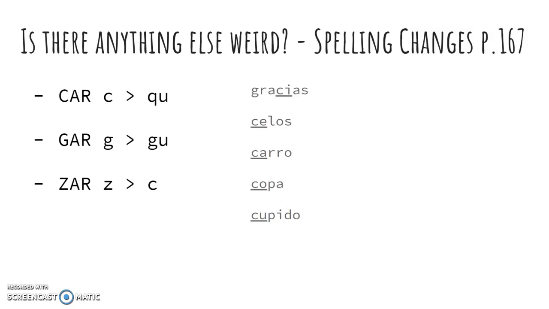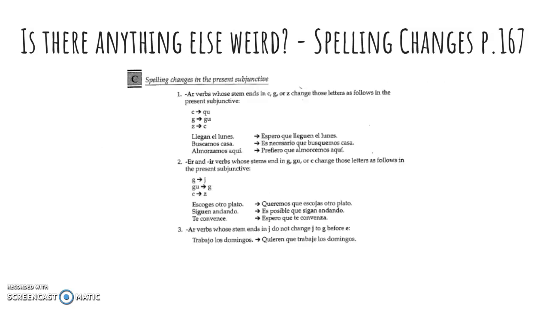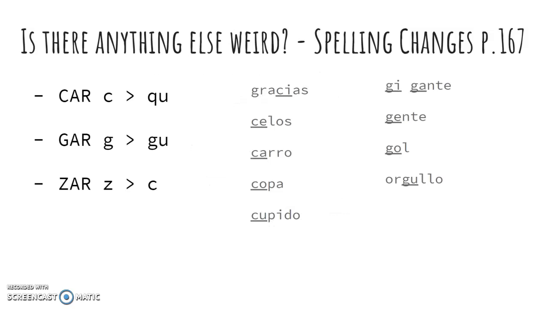Same thing with G. So, for example, if a G comes before an I or an E, it's the H sound, like H in English, right? So you have words like gigante or gente. G can also make the hard G sound, like the second syllable in gigante, or gol, or orgullo.